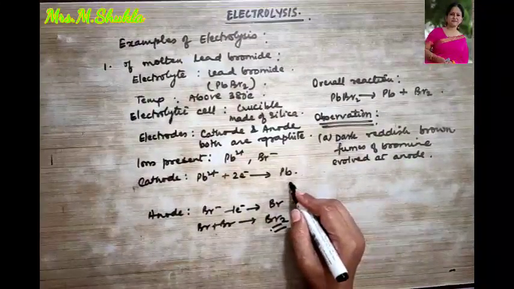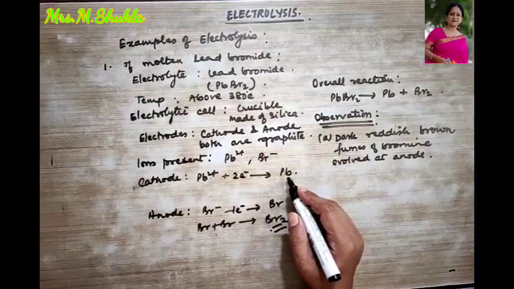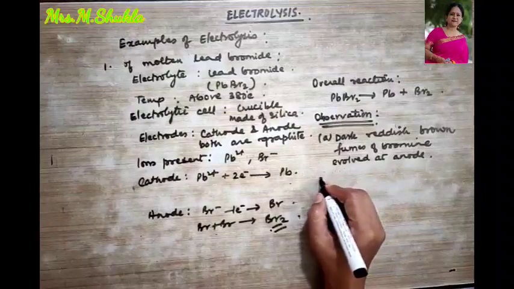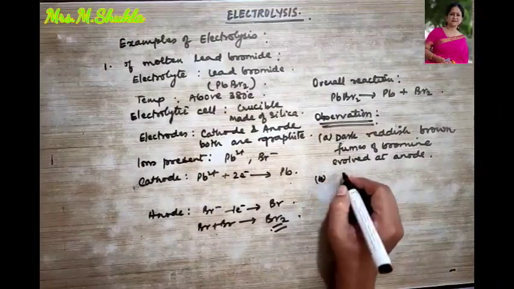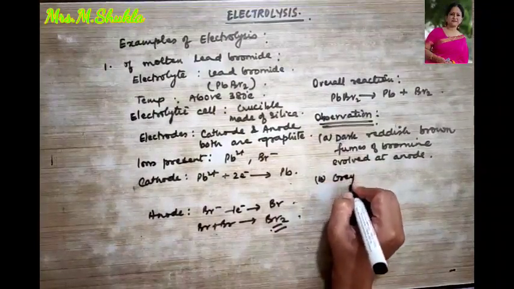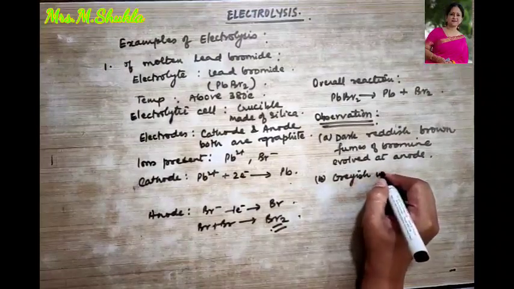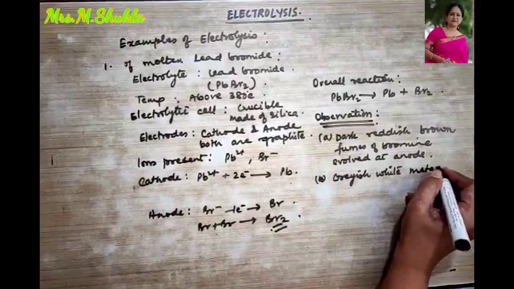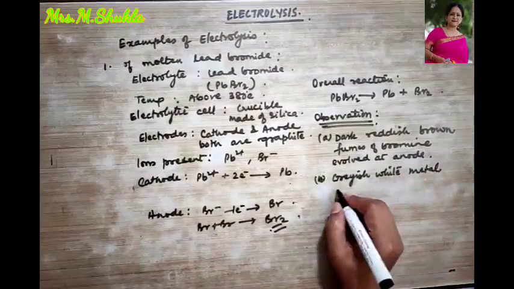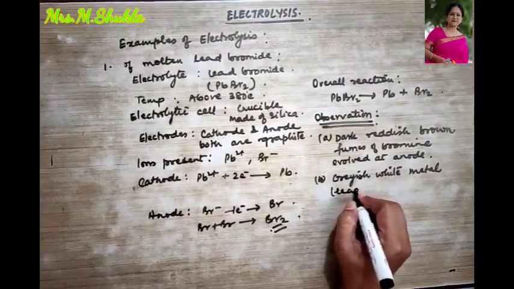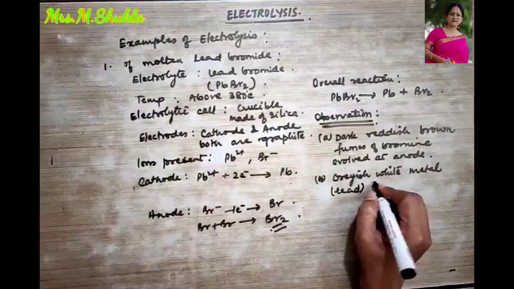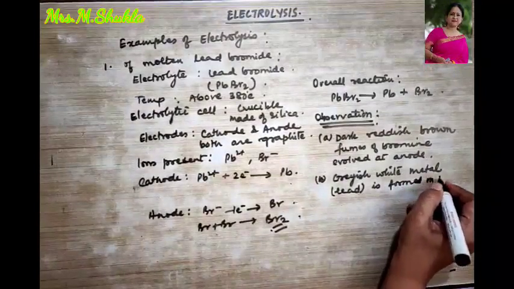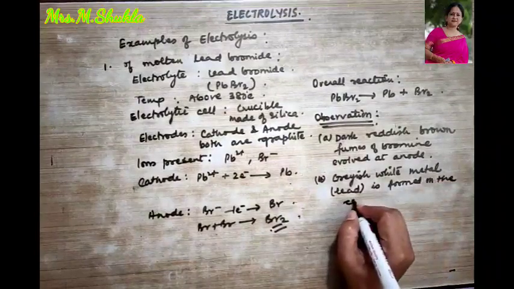And what happened at the cathode? Lead is what color? It is a grayish white metal. So we can write down the second point over here: grayish white metal, that is lead, is formed on the cathode.